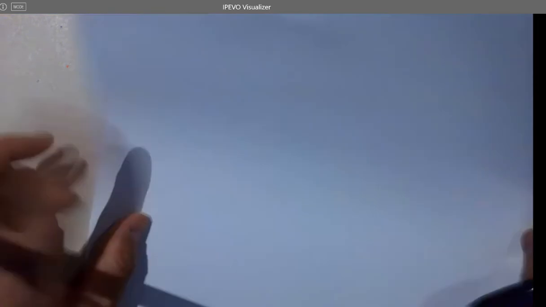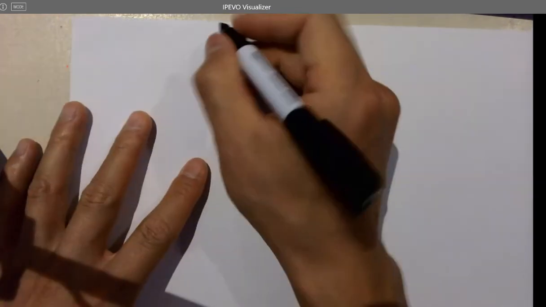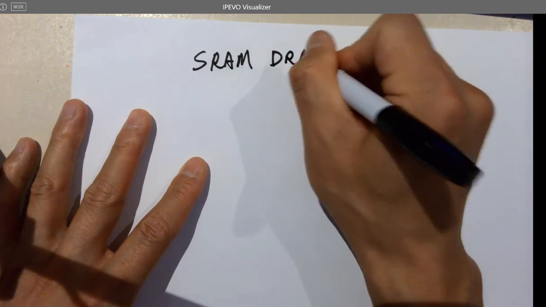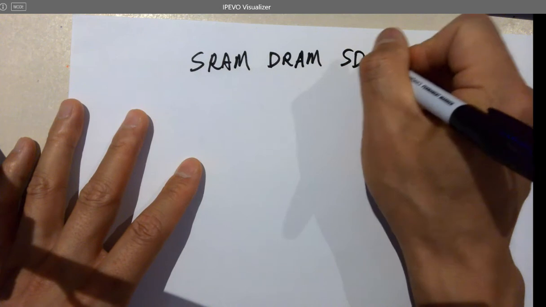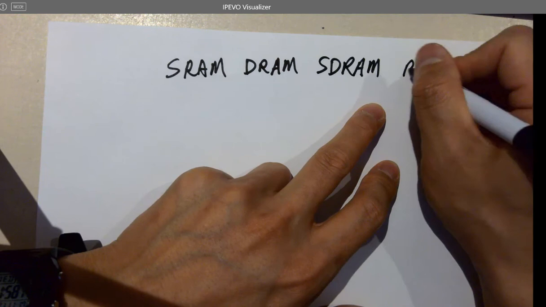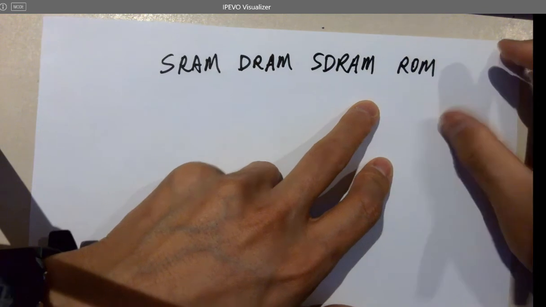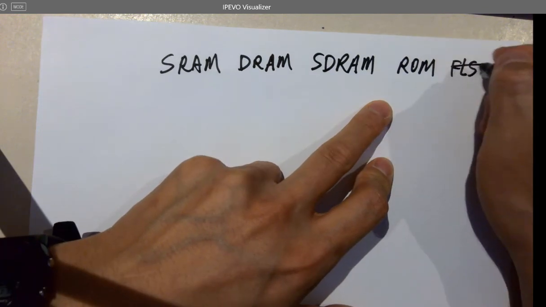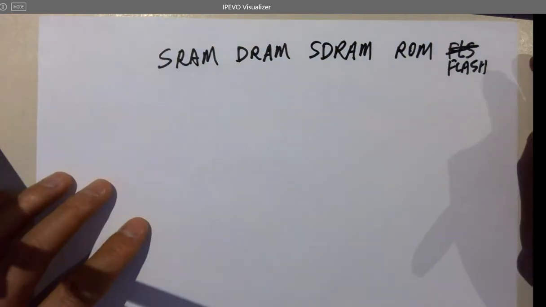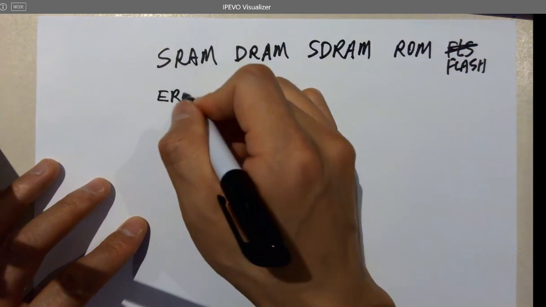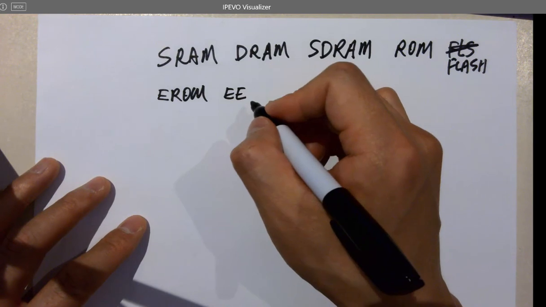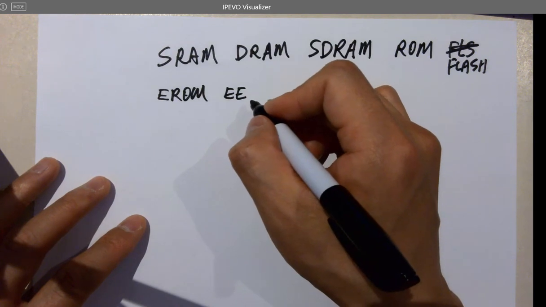There are several terms in the memory circuits: SRAM, DRAM, SDRAM, ROM, Flash, EROM, EEROM, oh no, EPROM, sorry.